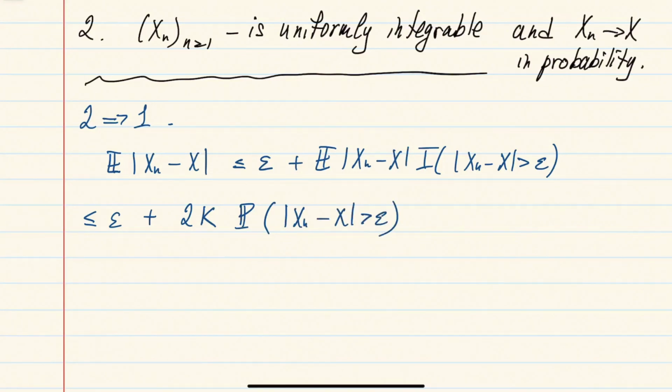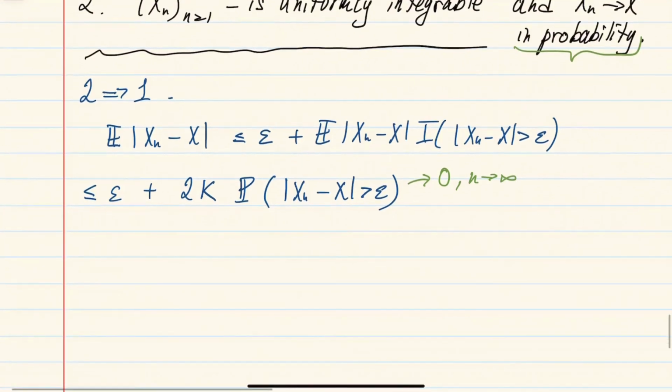Our assumption is that this probability goes to 0 as n goes to infinity, because xn converges to x in probability, so this term will go to 0. And then we have another possibility, that the absolute value of one of them is greater than k.